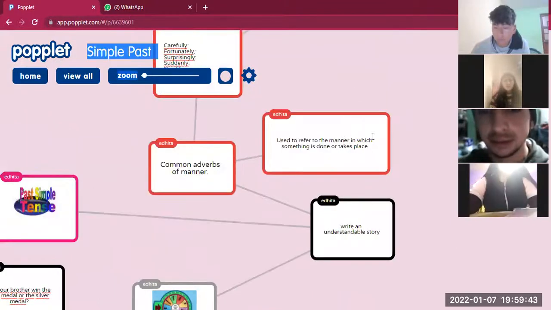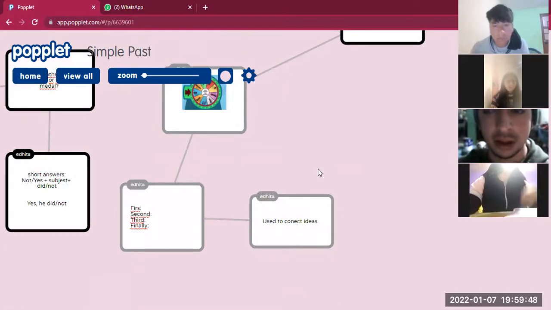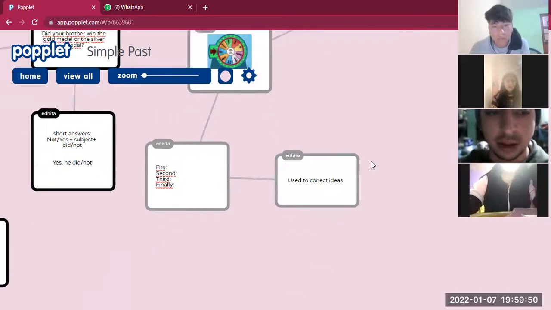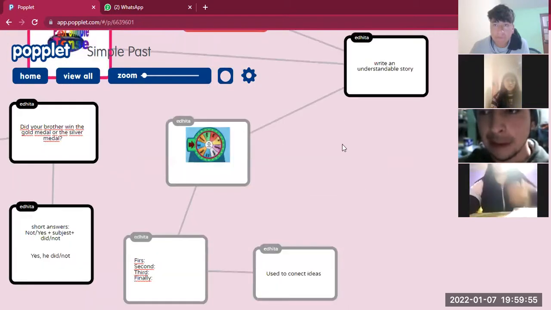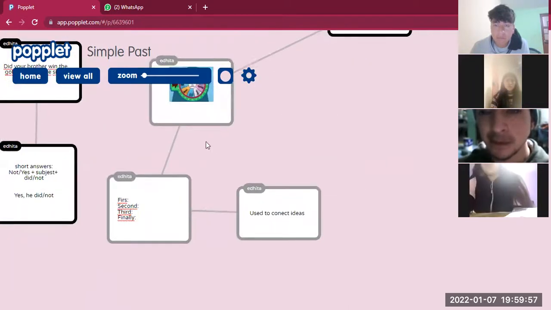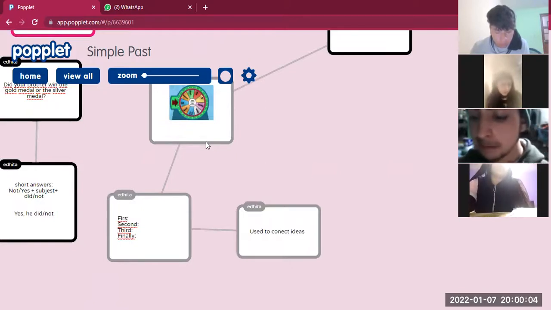Okay, let's continue. I'm going to ask you for an example. Alicia, could you say an example using a connector?